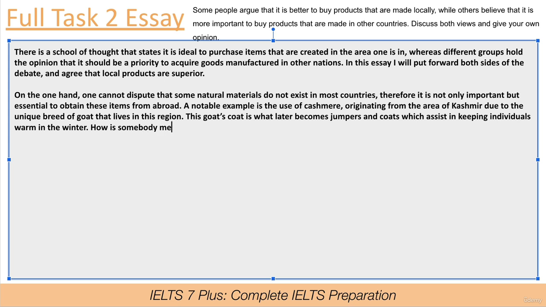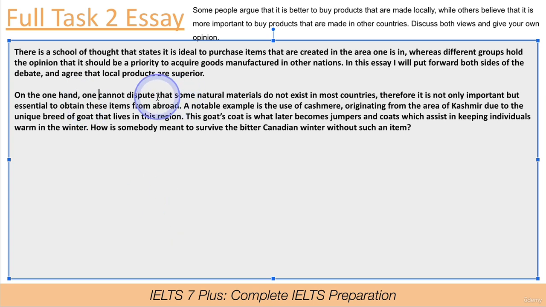How is somebody meant to survive the bitter, maybe Canadian winter without such an item? Okay, so we're just putting forward our first side. Here, I'd like to actually put that this is the main reason.